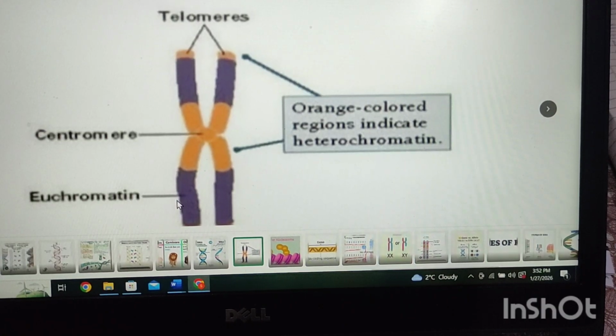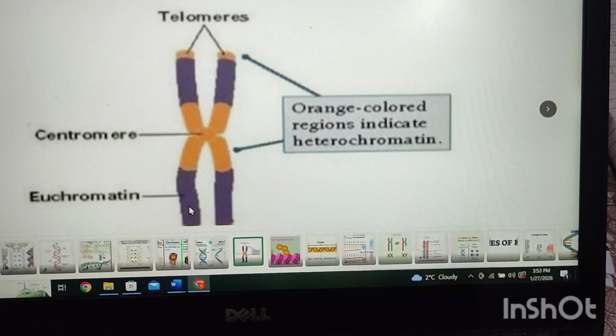If we discuss its features, it is lightly packed as compared to the heterochromatin site. Second, genes are in an expressive condition. Genes will not be silent as we saw in heterochromatin, but are more expressive, and the transcription process will be done here during protein synthesis, determining which traits can be displayed.